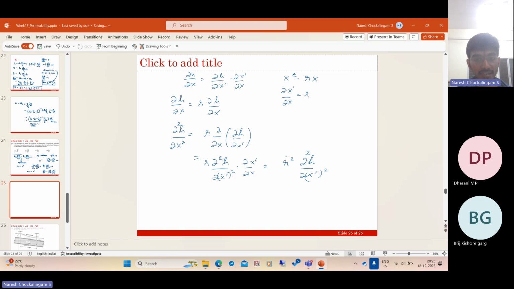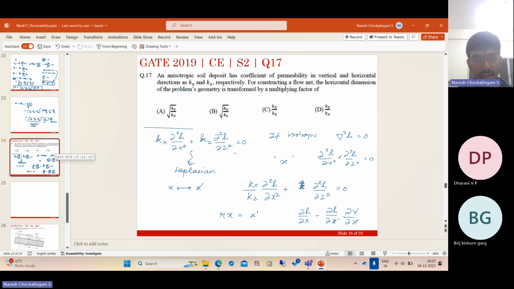Now r is a parameter that we have introduced. Why did we introduce it? We want to transform this general linear second order PDE into the Laplace equation. Now just substitute into this.